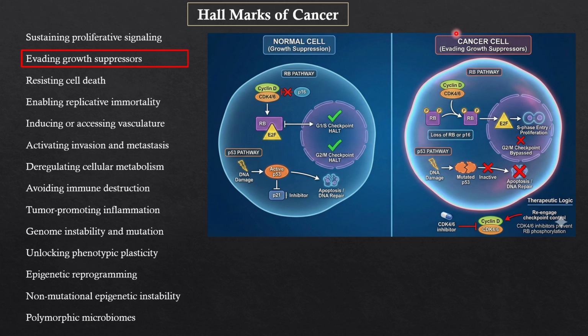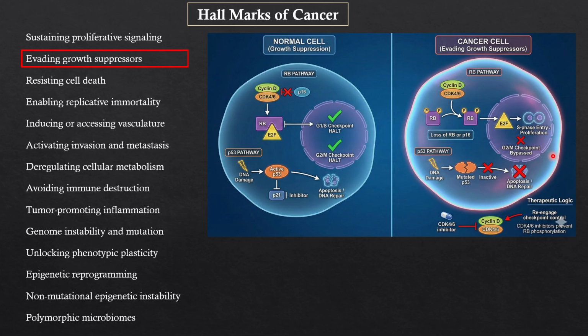Whereas in contrast, the cancer cells evade the growth suppressors. For example, in the RB pathway, with cyclin D and CDK4/6, the phosphorylation of RB can result in the release and activation of E2F, which enters the S phase and enhances proliferation.